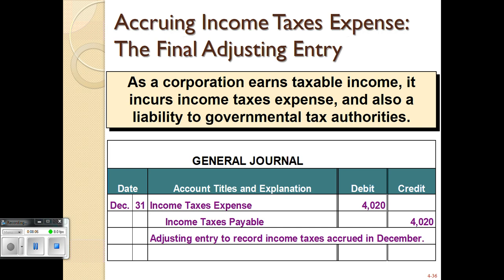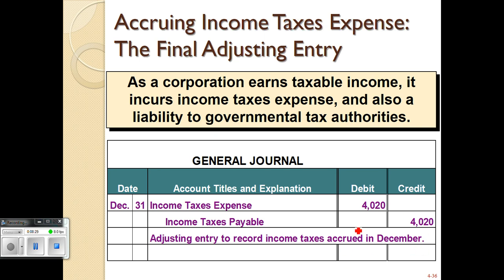Another example where this occurs, where we need to make adjusting entries, is income tax. The government does require corporations to pay an income tax, and almost always, they don't pay it at the end of the month. They pay it during the 30 to 60 days after the end of the quarter.